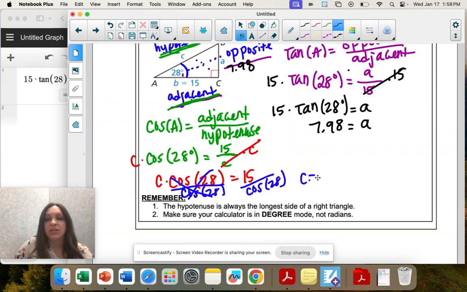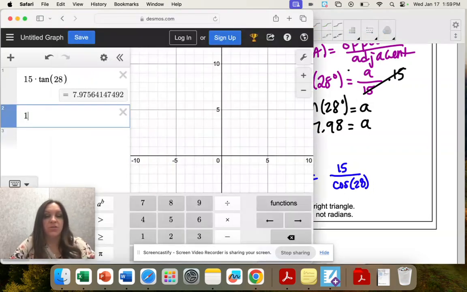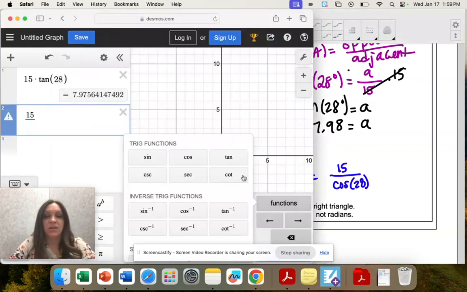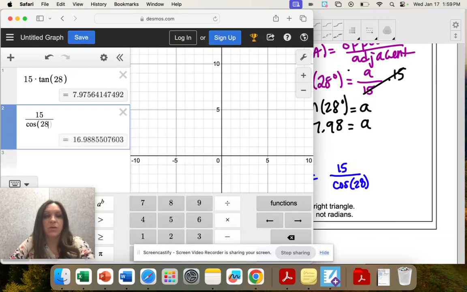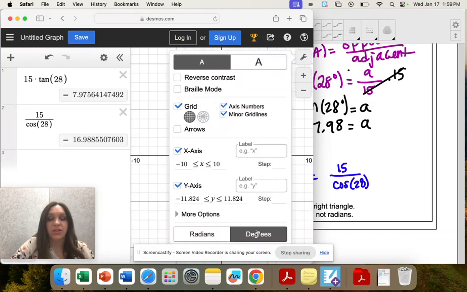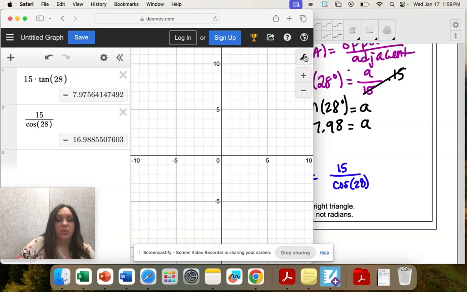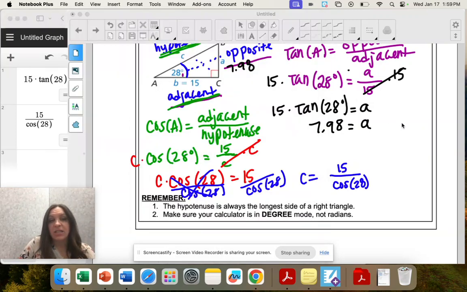So side C is equal to 15 divided by cosine of 28 degrees, and that goes in your calculator. Make sure you're in degrees. If I round that, it's 16.99.